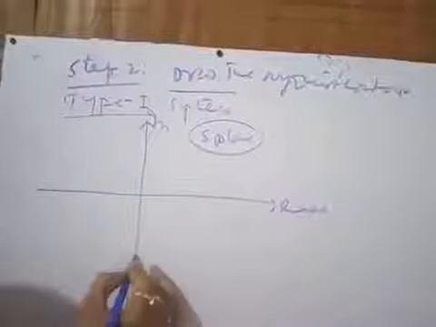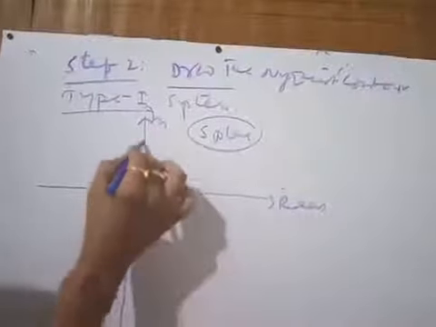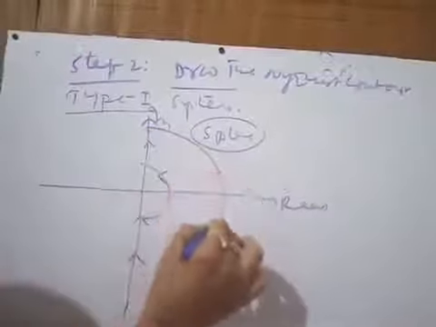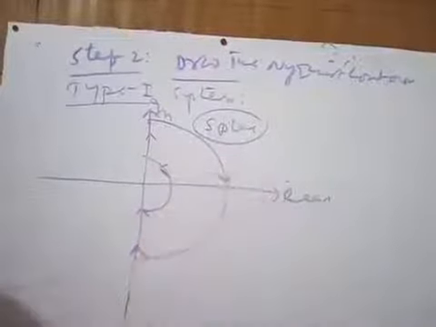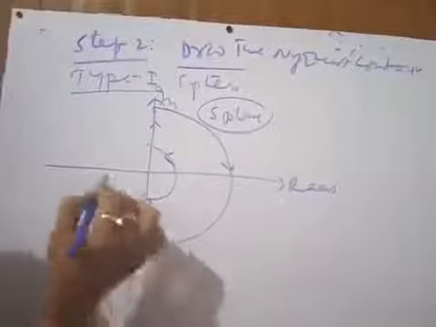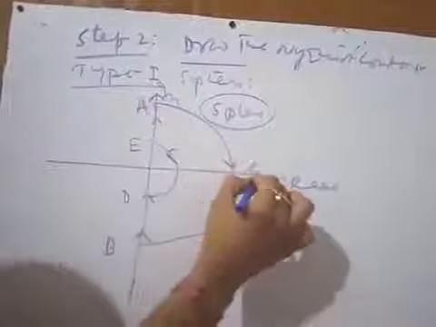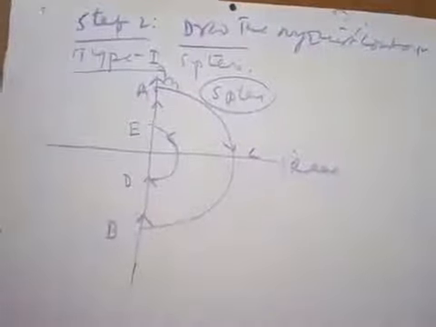As this is a type 1 system, you have to go to this point, bypass the point 0 and go to that point, and then come back to this, right? So from B to D to E to A and through C to B. These are the two paths.